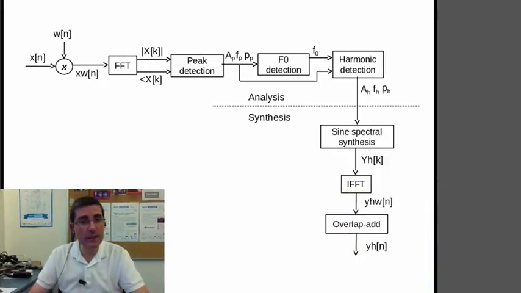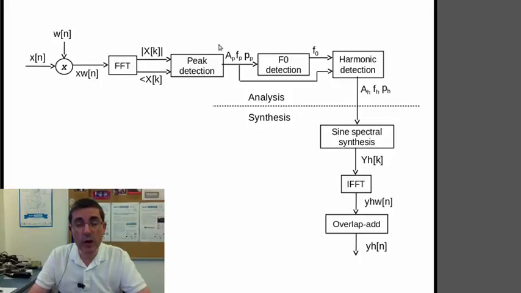So this is the block diagram of the system, and we're going to explain it. We start from the standard blocks that we already have seen in the sinusoidal model: it takes the input sound, it windows, then it performs the DFT, and then it finds the peaks.